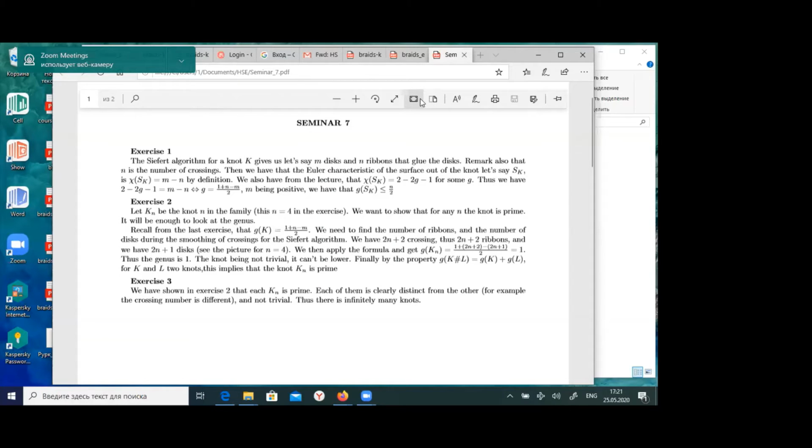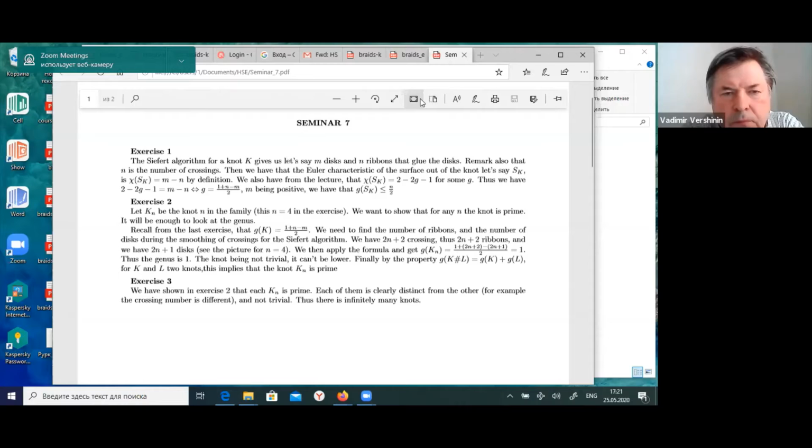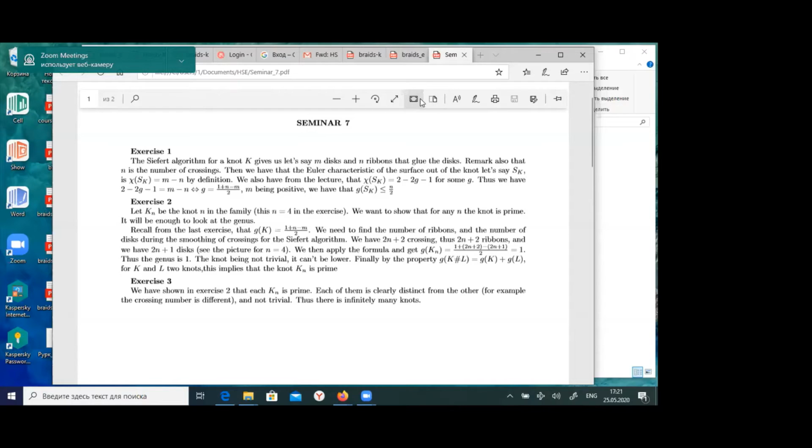Then by definition of the Euler characteristic, we have the m disks that come from the Seifert surface, and we have to take out n ribbons. That's just the definition.